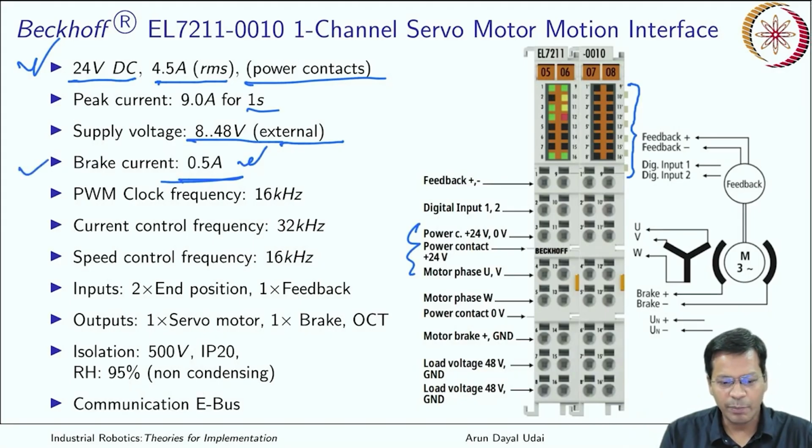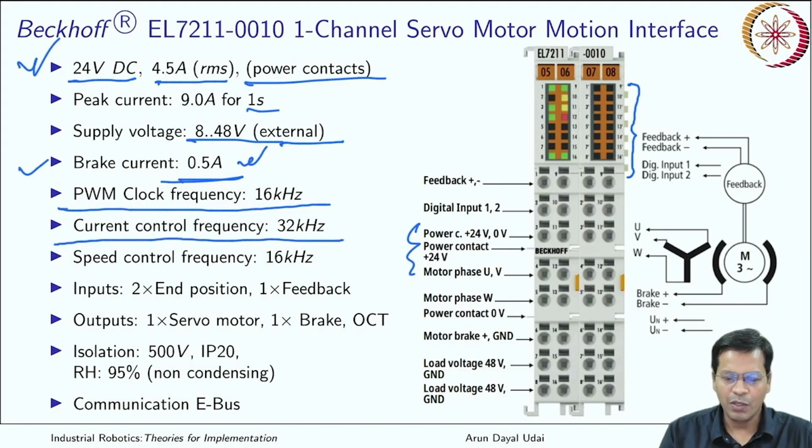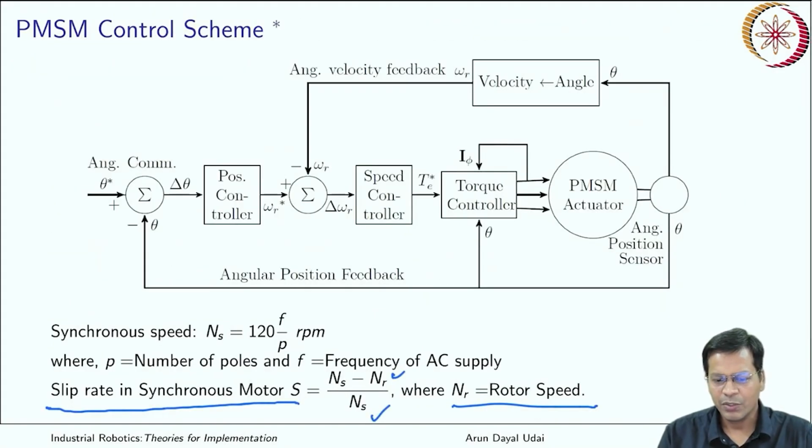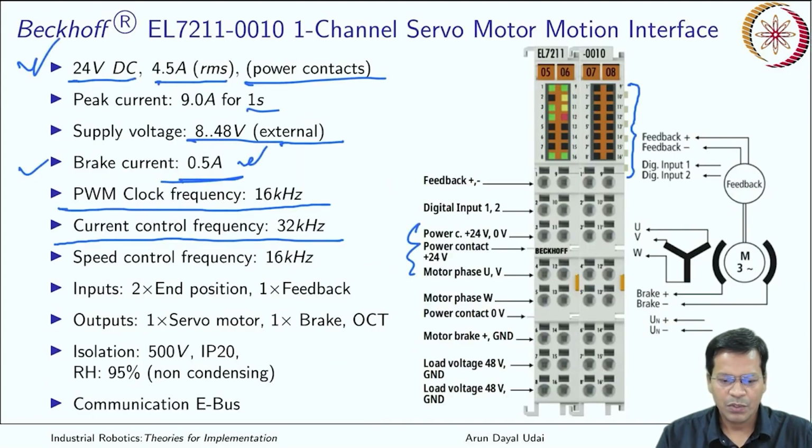So yes, the PWM clock frequency is 16 kilohertz, and you see there is a current control frequency. Now look very carefully at the controller you saw earlier. There are different frequencies for each loop. This controller works with one frequency, this one with a different frequency, and this one with yet another. The highest frequency is the current control loop.